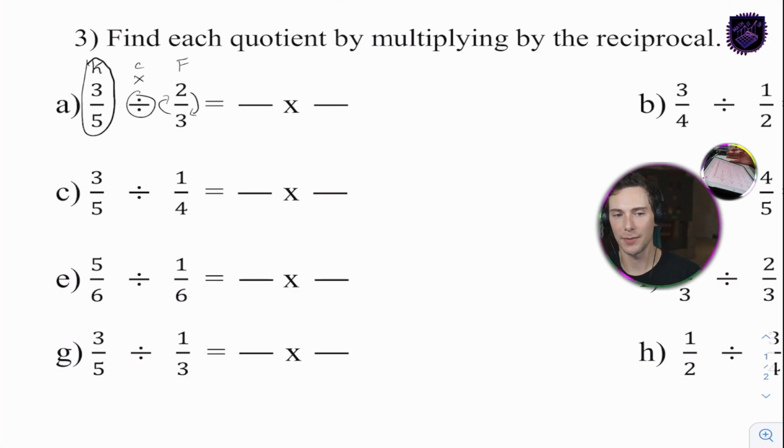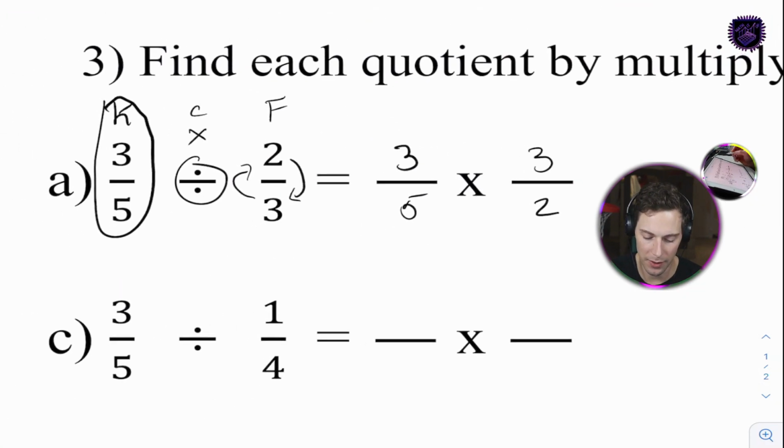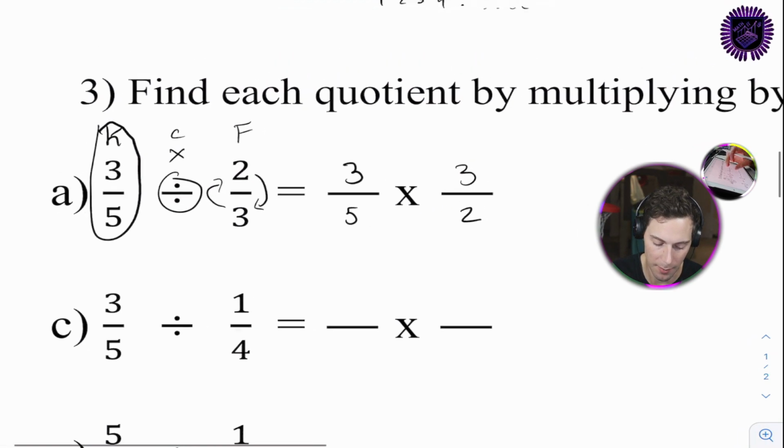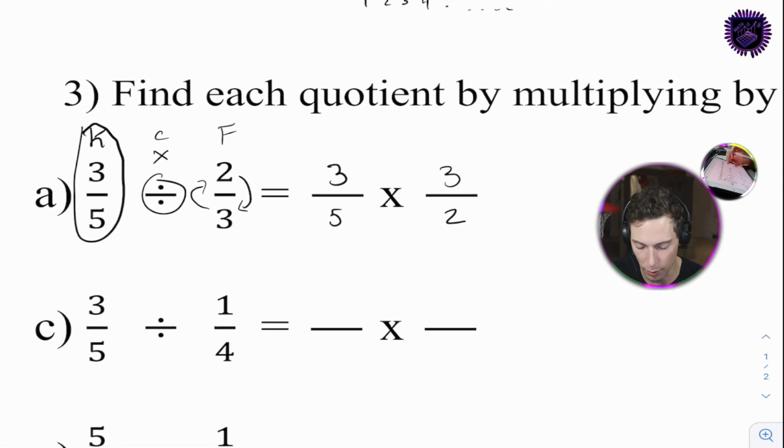That's the trick. Multiplying by the inverse is the same as dividing by the fraction. So we're going to do 3/5 times 3/2. Zoom in a bit. 3/5 multiplied by 3/2 is going to be the same as 3/5 divided by 2/3.